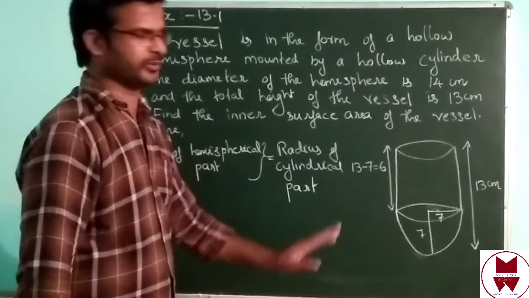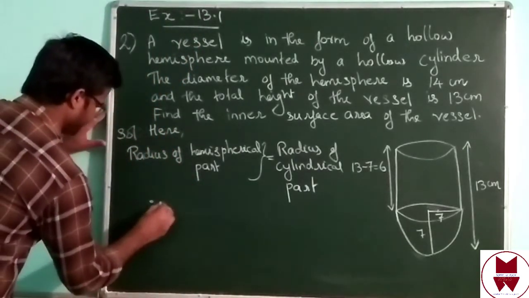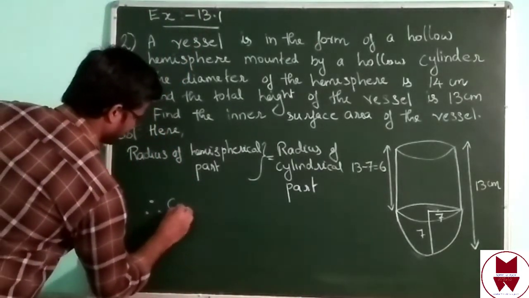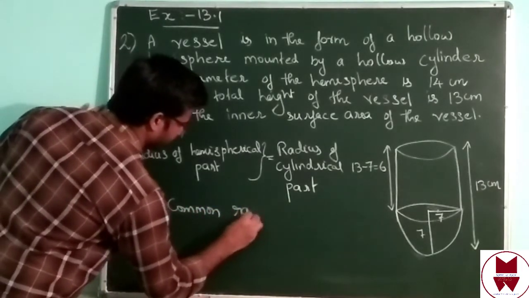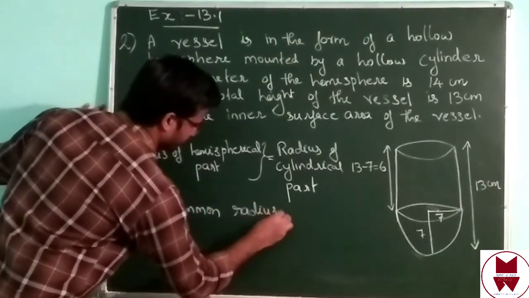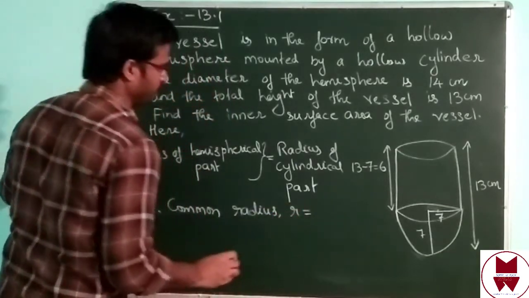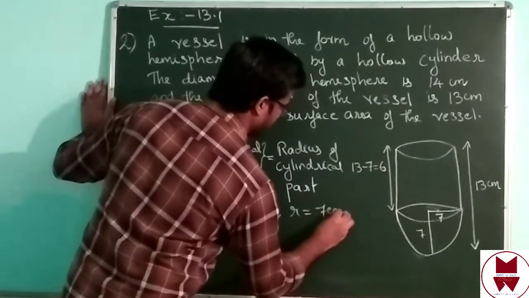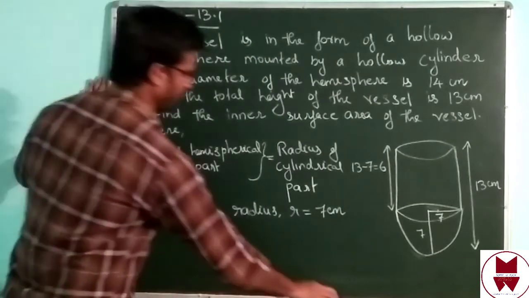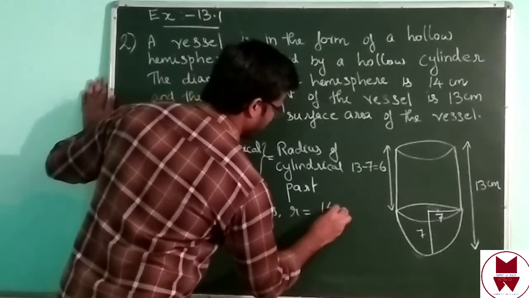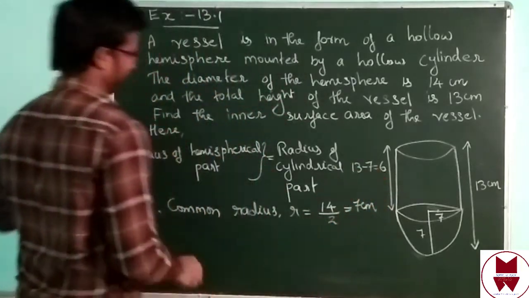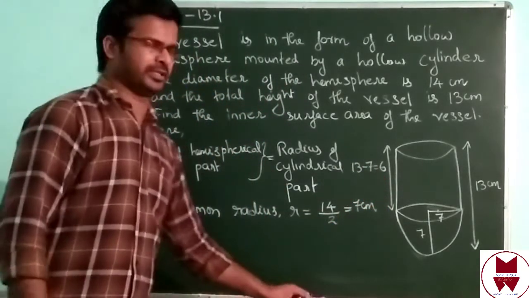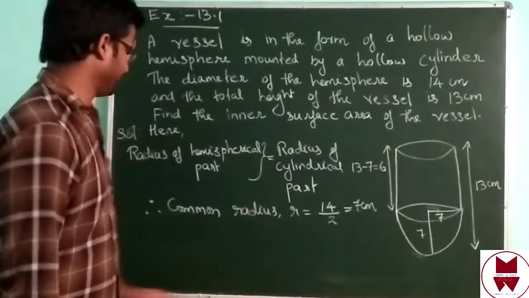That is the common radius only. Therefore, common radius R equal to 7 centimeter. Otherwise, we can write 14 divided by 2, 7 centimeter. Common radius we got 7 centimeter.